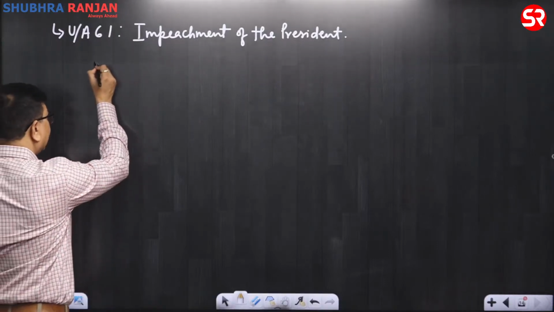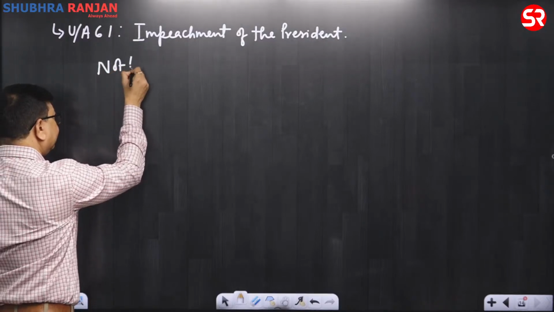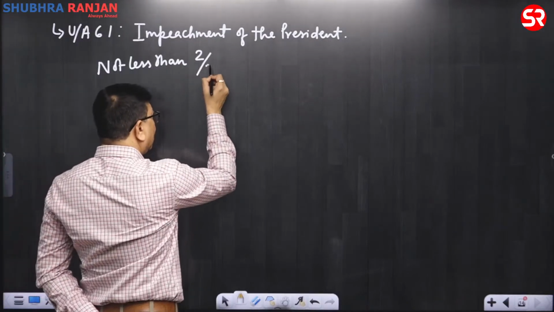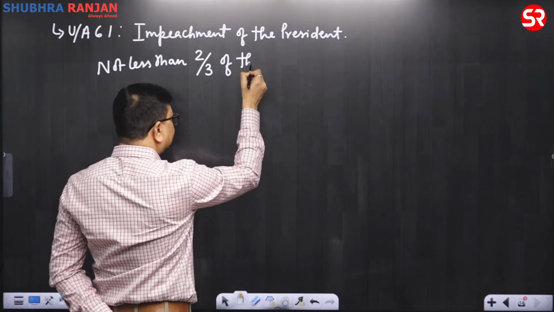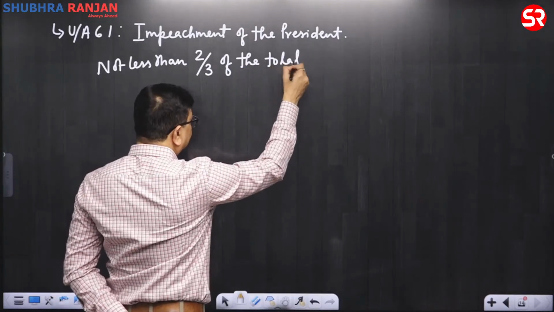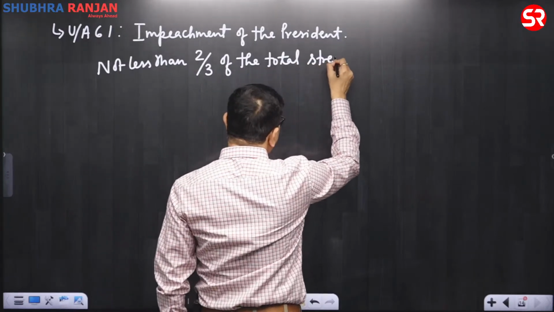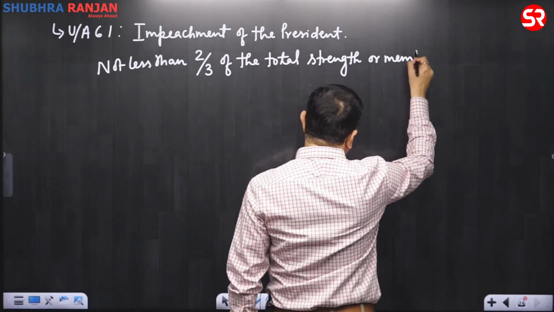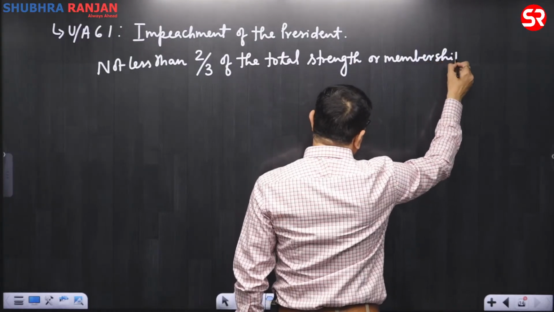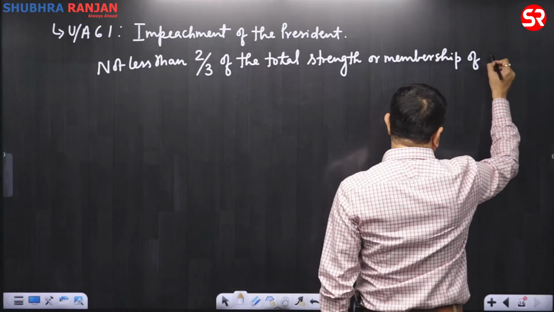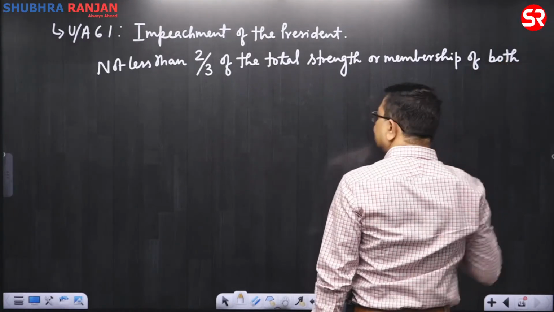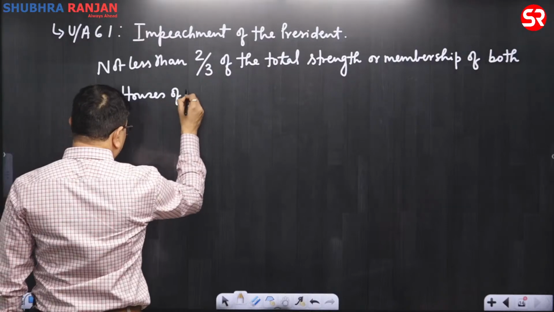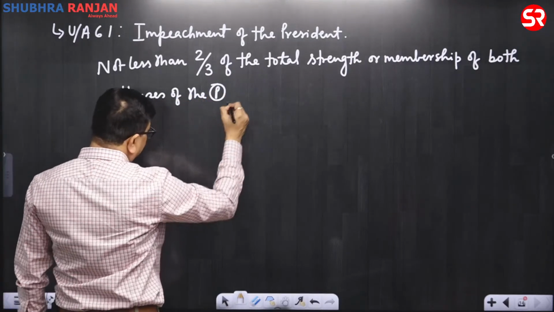Here it is not less than two-thirds of the total strength or membership of both houses of the parliament sitting separately.